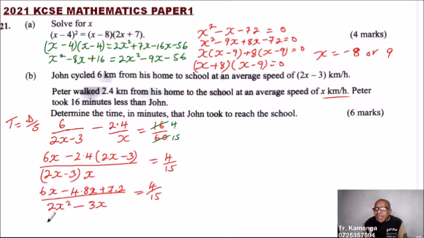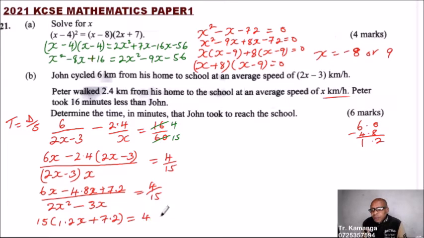You cross multiply again, so this is 15. When you subtract here 6 minus 4.8, this is 1.2, so it is 1.2x plus 7.2 is equal to 4 multiplied by 2x squared minus 3x.